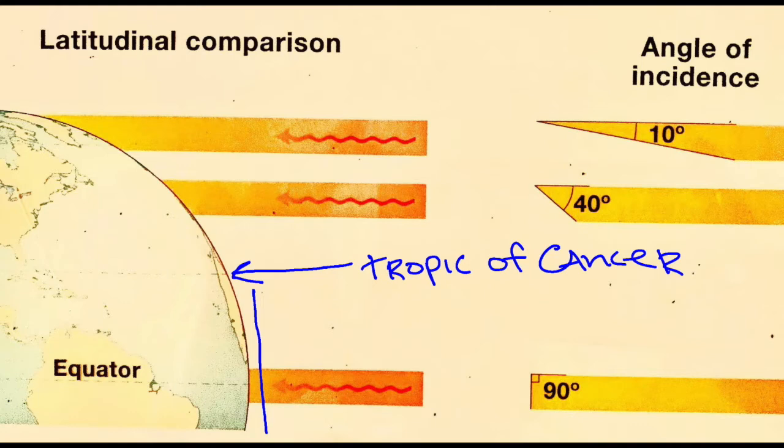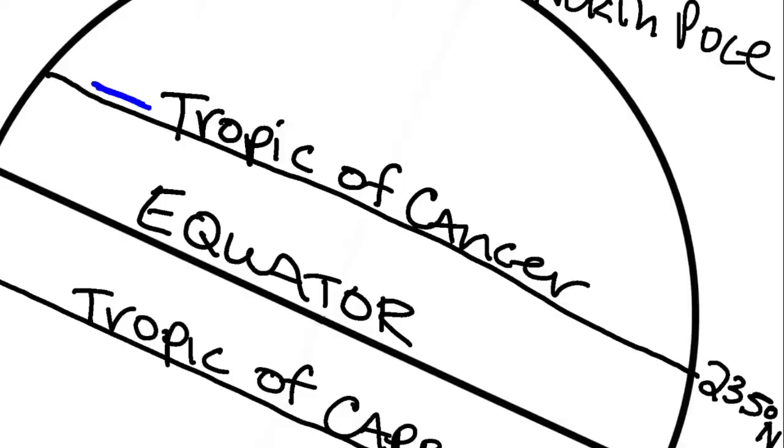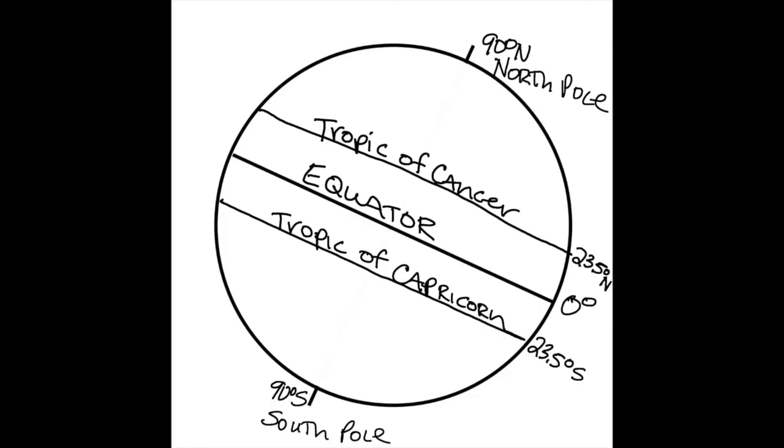And the Tropic of Capricorn is the southernmost latitude to ever get those direct rays of the sun. Even if we were standing just north of the Tropic of Cancer, we would not receive the direct rays of the sun.